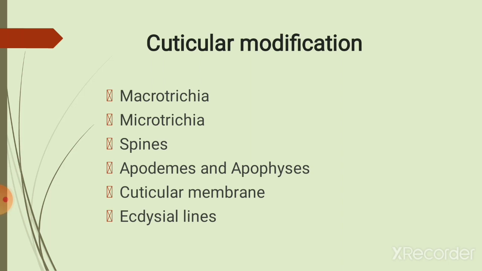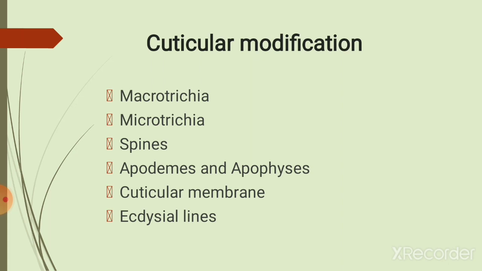In some regions of the integument, the exocuticle is discontinuous due to the lack of tanning, and thus such parts of the cuticle remain membranous. These membranes are flexible and perform intrinsic and extrinsic articulation according to their location.